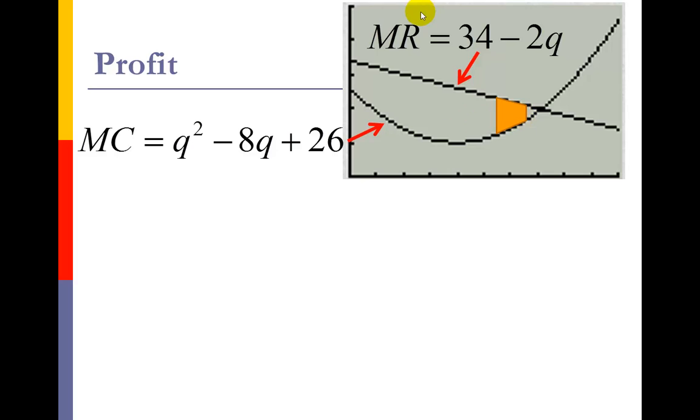Now, one of the key points to know about this, especially when you're doing your business courses, is that if you have marginal revenue on top as compared to your marginal cost, that means your revenue is changing more than your cost is. That would mean that you would have more revenue coming in than cost going out, so your profit is going up.